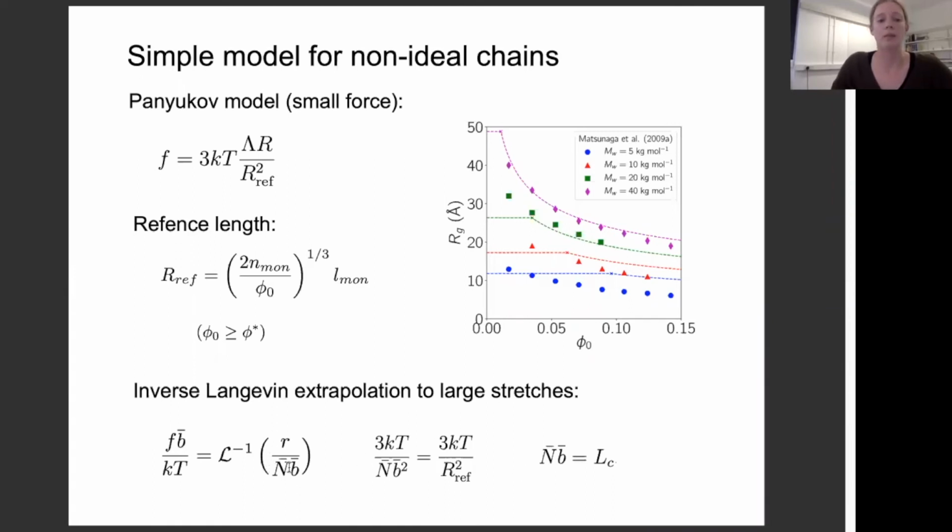So these N and b parameters are not the Kuhn length or the number of Kuhn segments; they are just fitting parameters to reach the right contour length at large deformations. This is our very crude and naive approach to account for non-ideality, but it is our starting point anyway.